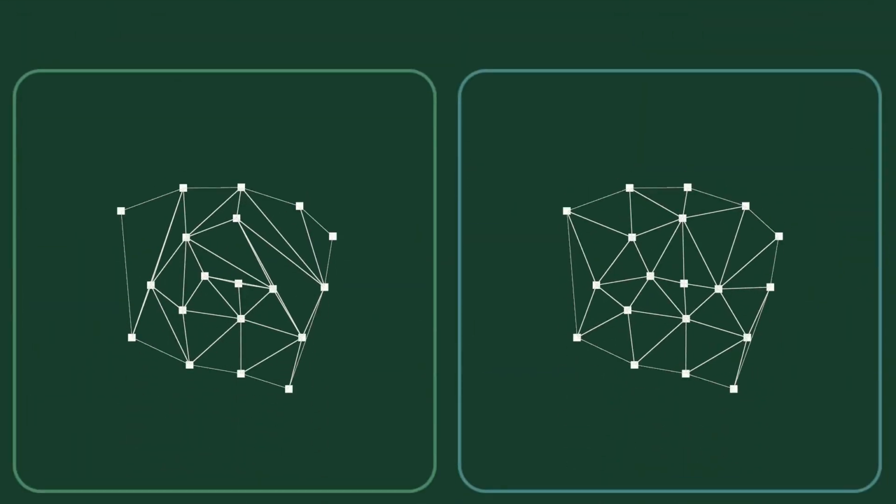In the case of the original mesh, we can see that these vertices marked in red lie within the circumcircle of this triangle, and so for many other triangles. However, in the improved mesh, no vertex point lies within the circumcircle of any triangle.